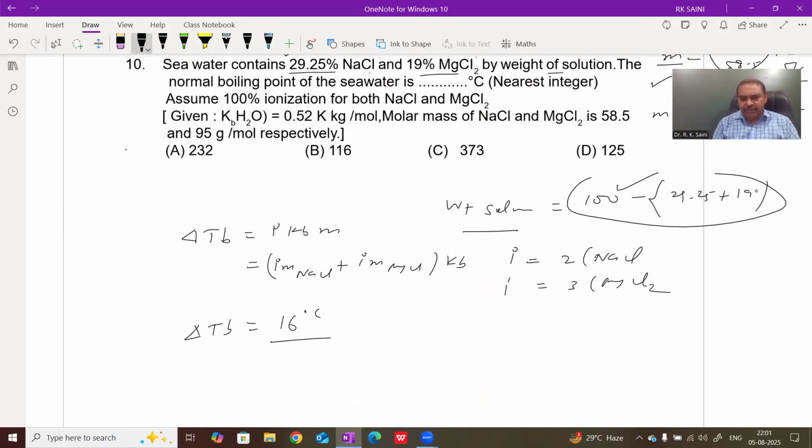Please check: NaCl, I into m of NaCl, and I m of MgCl2, where I is 3, and then multiplied by Kb, given 0.52. Therefore, the delta TB is 16. Therefore, the boiling point is 100 plus 16, and hence 116 degree centigrade, according to the requirement of the question.